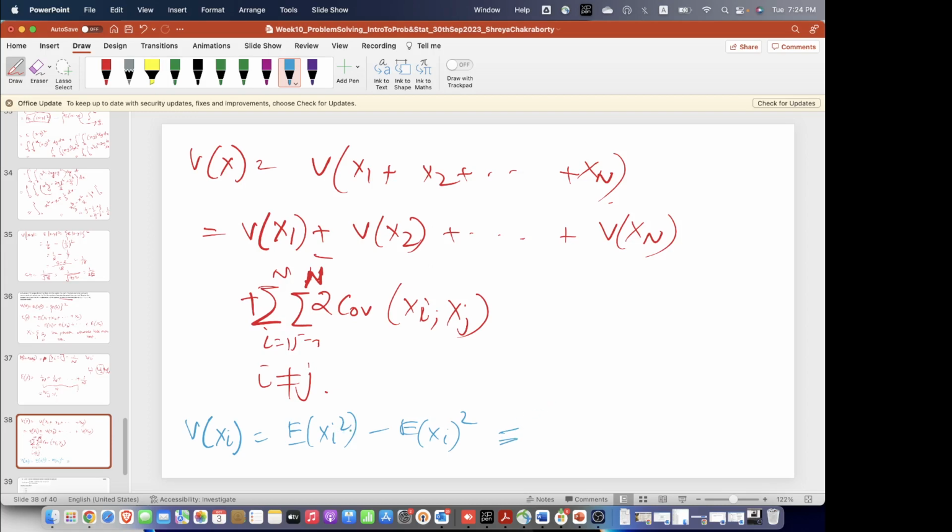For each, it is 1 square into 1 by n, minus the expectation of xi, which is 1 by n, whole square. Sorry, what am I saying?